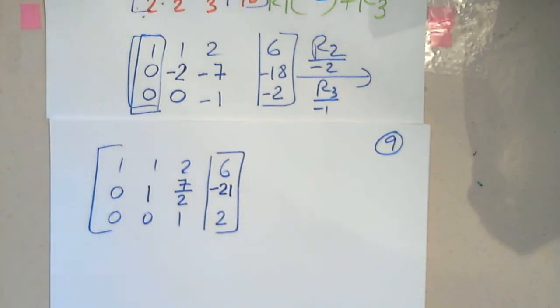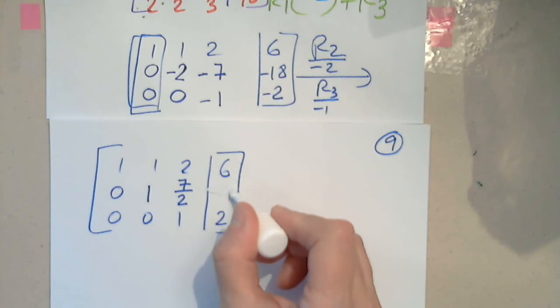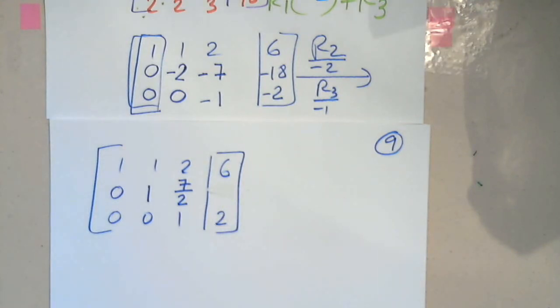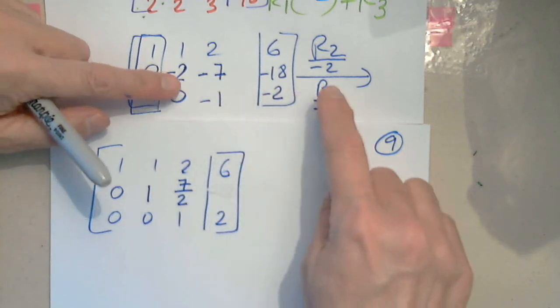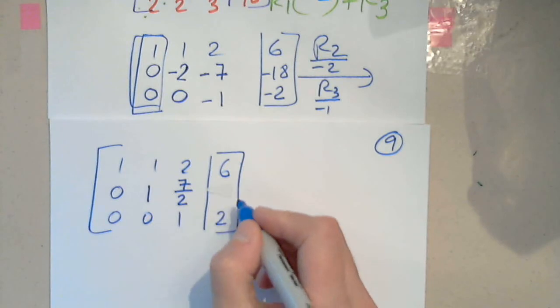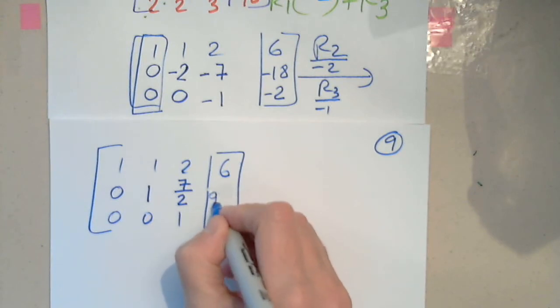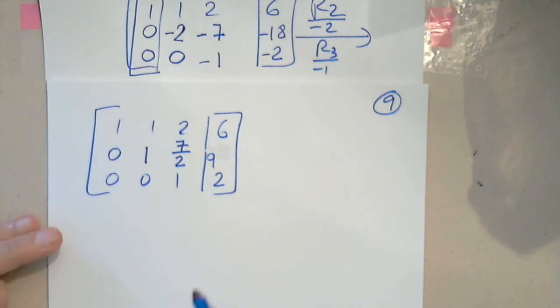I'm sorry, I jumped. So -18 divided by -2, my apologies, and that's 9. Sorry, I was thinking ahead.